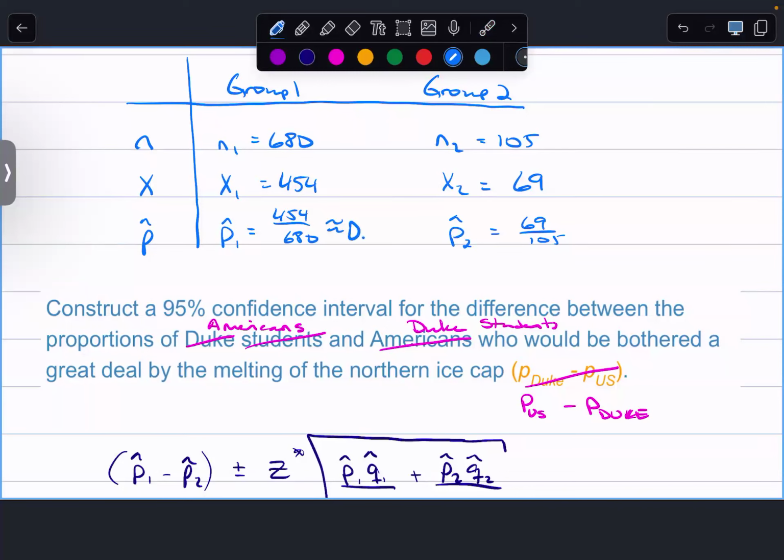But if you were working in Excel, you'd be able to keep all your decimal places, and that's nice, right? And so 0.668, rounded to 3 decimal places. And then 69 divided by 105 is roughly 0.657.